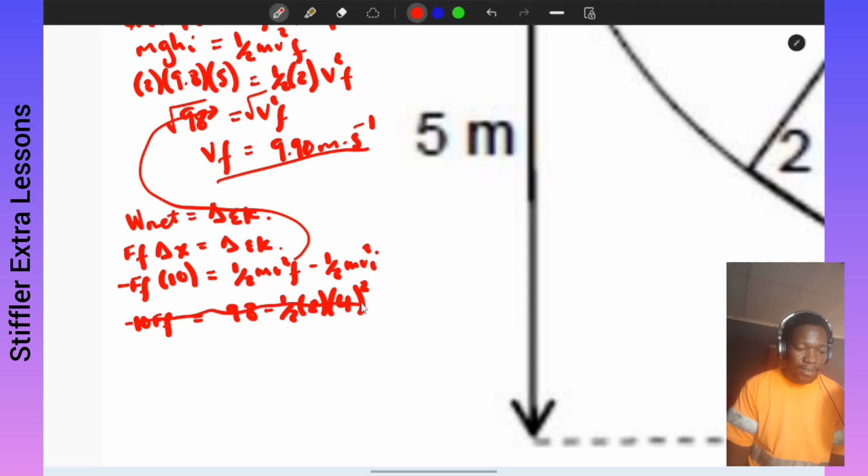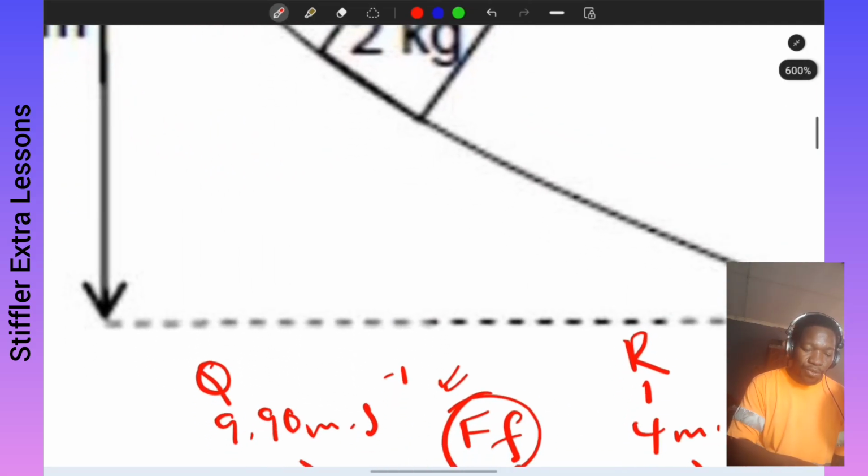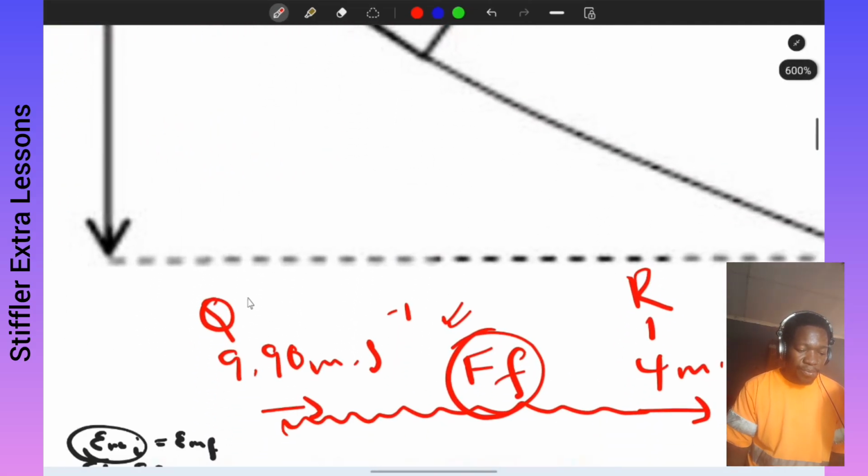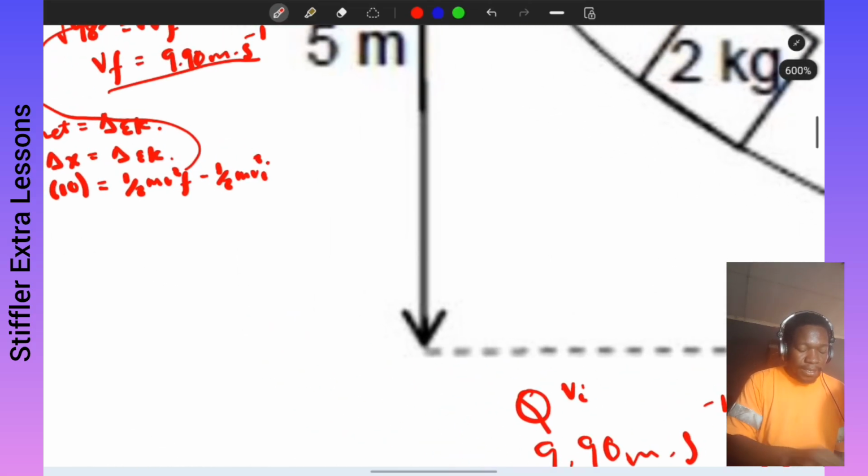Let's just do this. Yes, because now remember we are moving from Q to R, so it means that our Q becomes our initial and our R becomes our final, right?